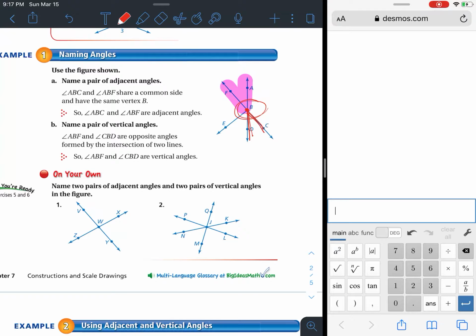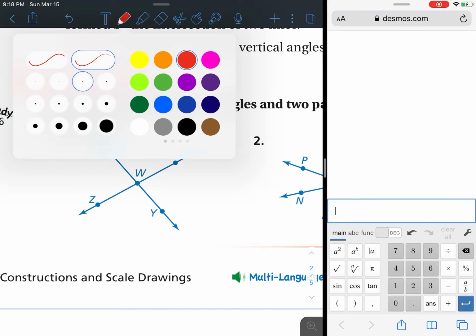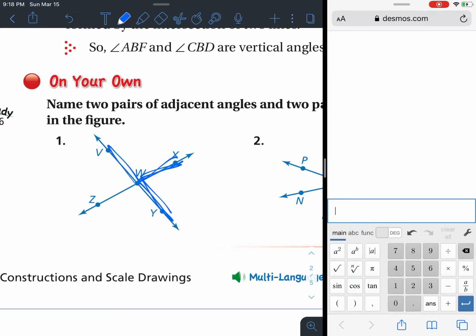Look at the on your own. Name 2 pairs of adjacent angles and 2 pairs of vertical angles. So 2 adjacent angles could be XWY and XWV. You could have VWZ and YWZ. Anything where they're sharing a side.